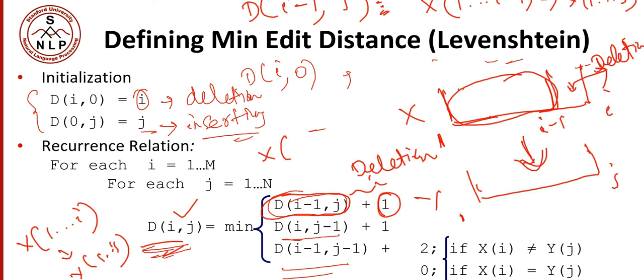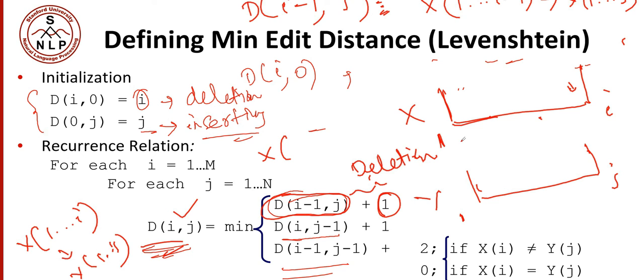Again, let me illustrate this. We have x[1..i], and we have computed till j minus 1. In order to handle this extra character, we need to perform an insertion operation.